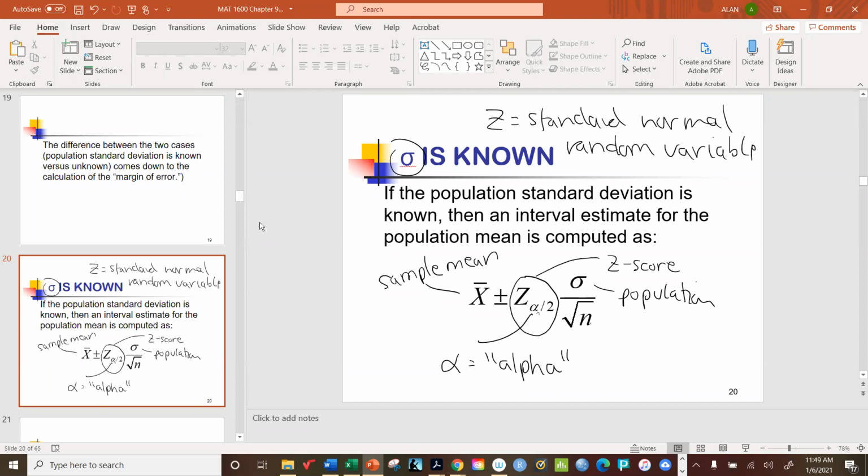And then, of course, this is our population standard deviation. And here we have the sample size. Okay, so there's at least two things in here that will require some more explanation, but most of it is already very familiar to you.